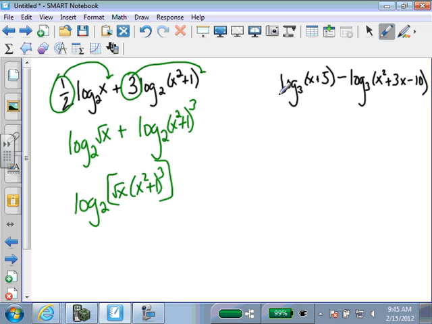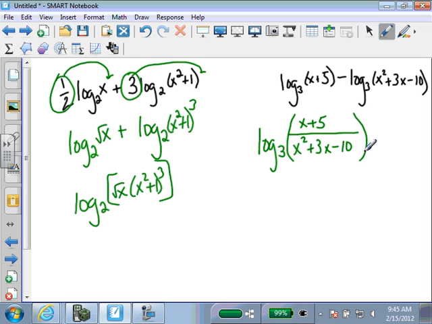This, I don't have any coefficients, so nothing's coming in as a power. I have a difference here, so I'm going to condense that. Log base 3 of x plus 5 over x squared plus 3x minus 10.